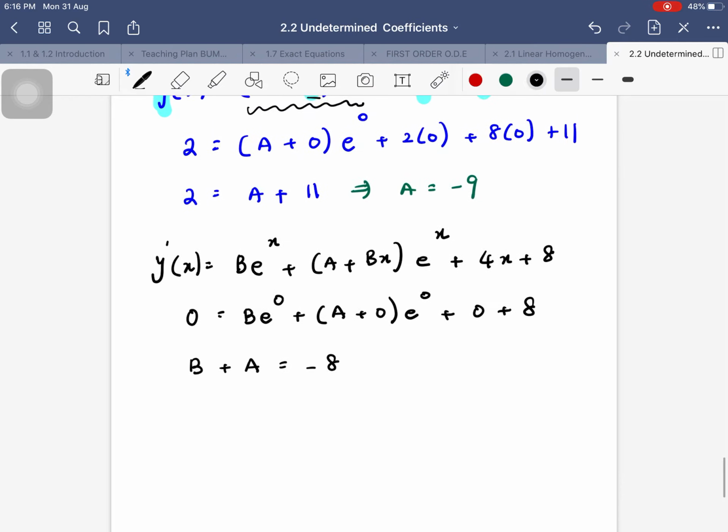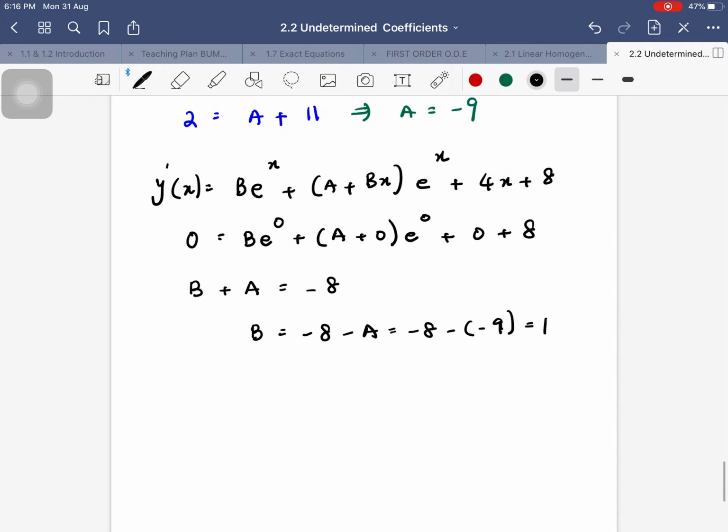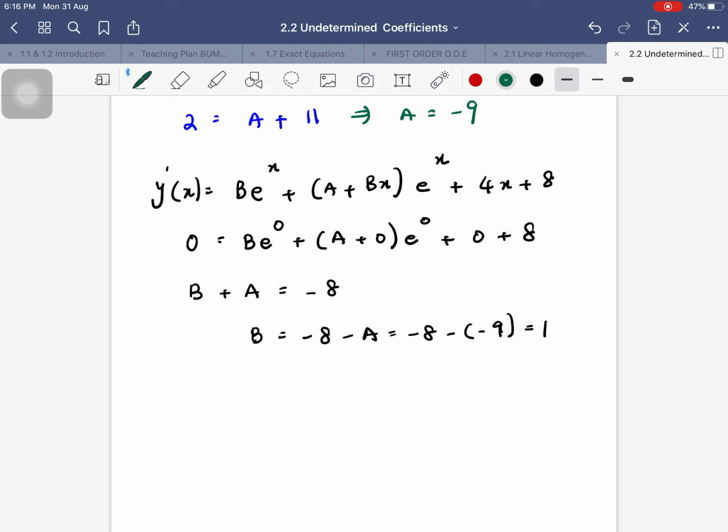But I already know that a is going to equal negative 9. So I will get that b equals negative 8 minus a, which is negative 8 minus negative 9. So I will get 9 minus 8, that is going to equal 1. So I get that my a value is going to equal negative 9 and my b value is going to equal 1.